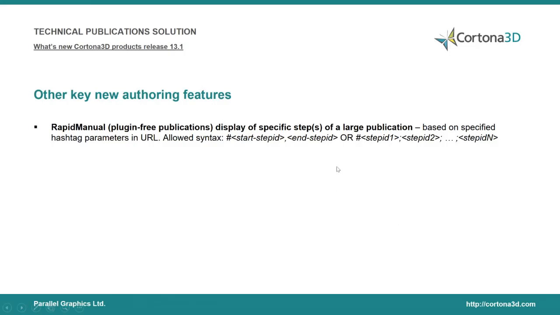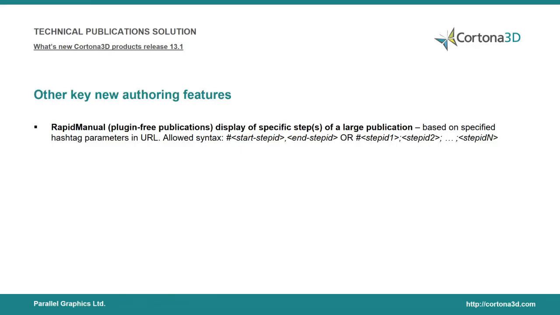Now it is much easier to achieve that. You can simply specify special hashtag parameters in the URL string, and with that, only those steps that you had in the URL string will appear.